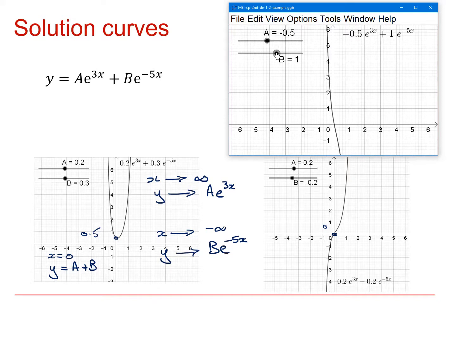And if they're both negative, then we get this U-shaped curve, but it's inverted. So the family of curves generated by this function are very much more complicated than we have previously seen for first-order differential equations. And partly that's down to the fact that we've got two parts to the function and we have got two different constants that we can alter depending on the boundary conditions.